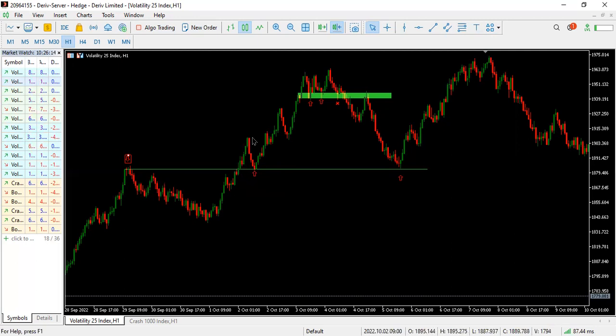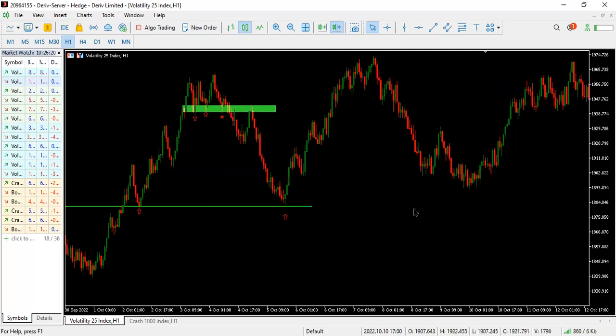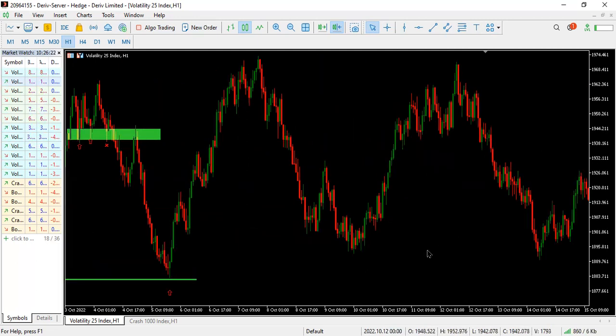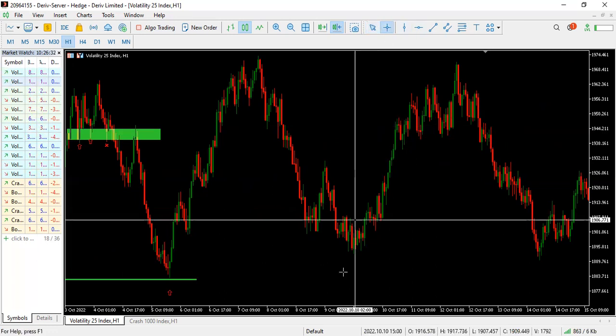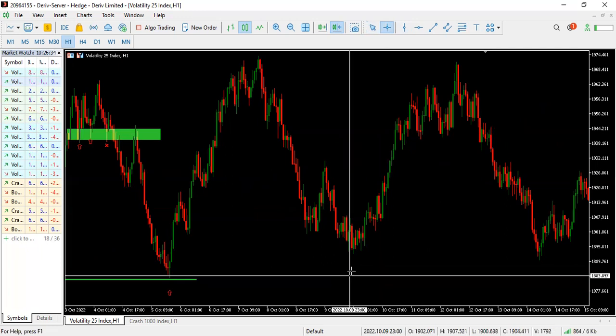Resistance, broken, support, support. I'm not sure what happened this time, but this time the price didn't reach the same level. Again, almost. Even if I zoom in, it's not the same level. Let's check. You can see it's not the same level.